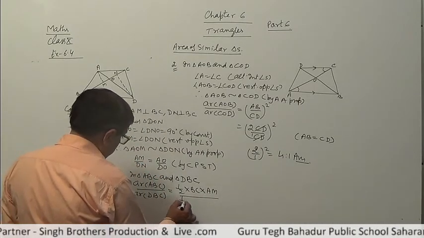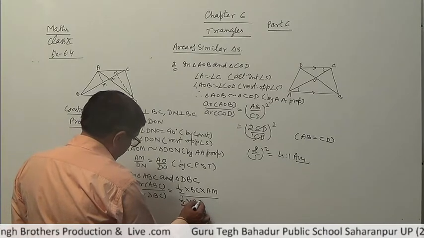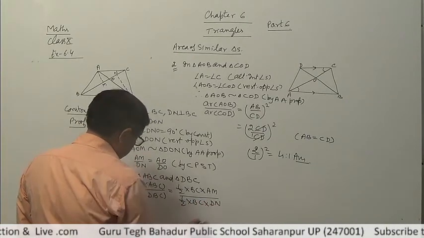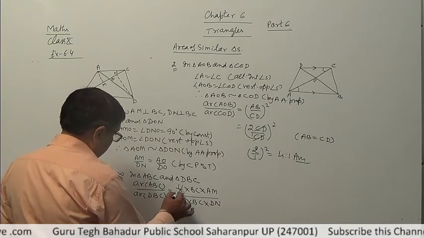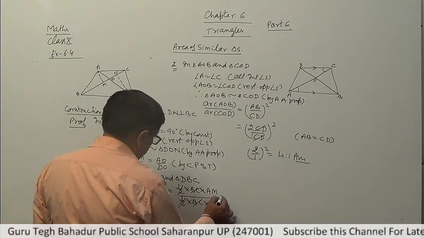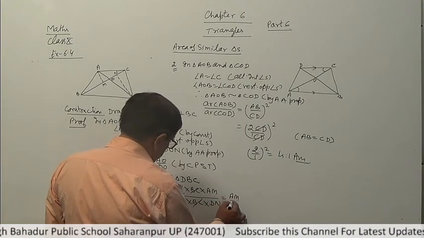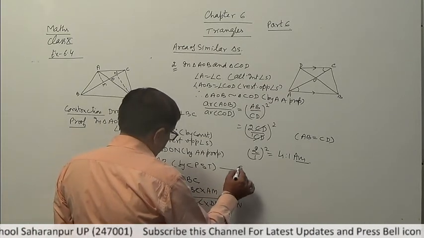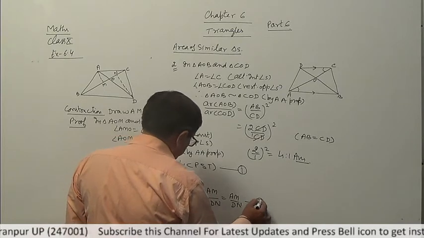Here also half into base into height. This half cancels, BC cancels, so AM upon DN. This is your first, this is your second.